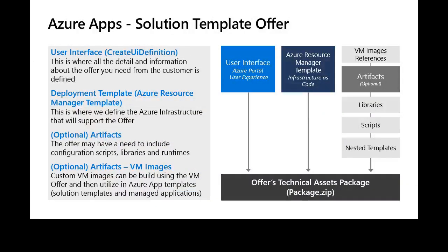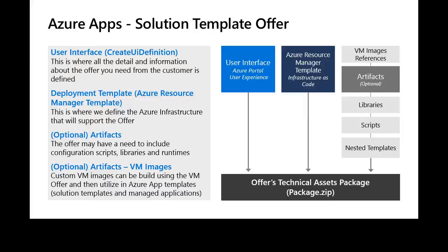Now, from a solution template offer, if we dig into the technical assets, you're going to see two main artifacts. One is that user interface that I was telling you about. The second one is the Azure Resource Manager template, which defines the infrastructure that you're going to deploy.